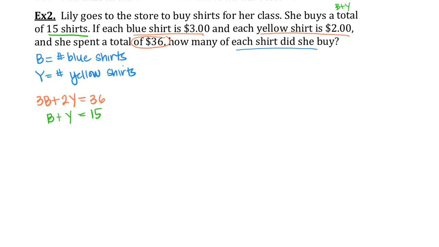Okay, I've written my system of equations. Now I need to solve. You could do substitution if you want to minus the Y or minus the B, or you could do elimination. It's whichever method you prefer. I'm going to do elimination.